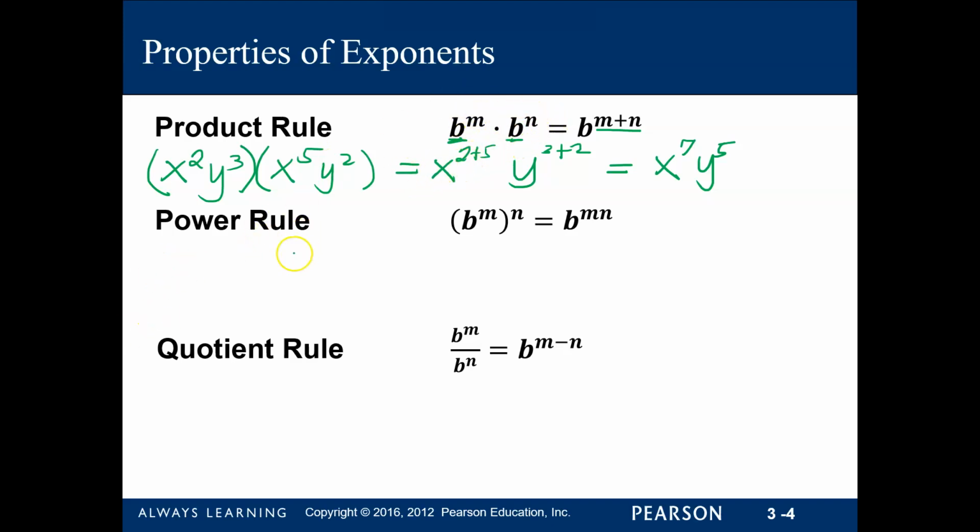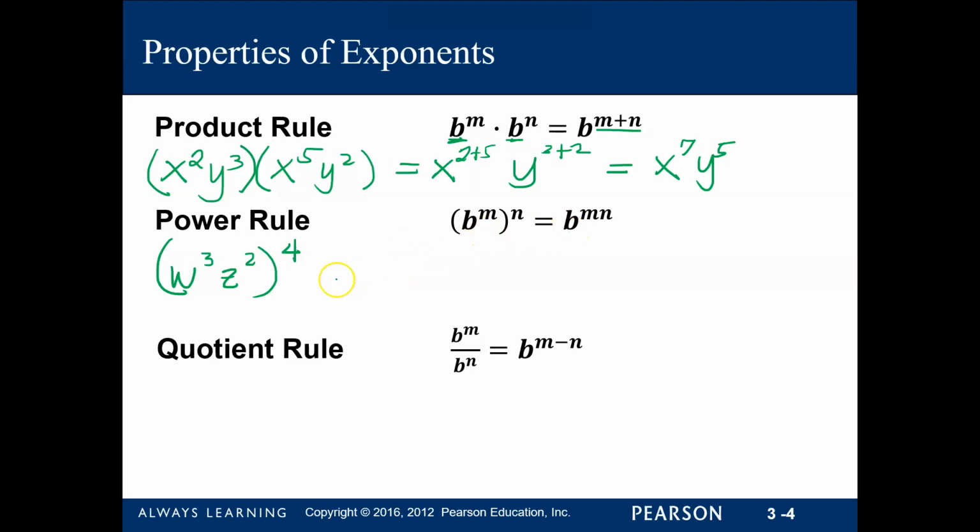Now, the power rule: you have a power raised to another exponent. In this case, if you have a value that is being raised to another exponent, what you need to do is multiply the two exponents. Let's say we have w to the third times z to the second, and we raise this to the fourth power.